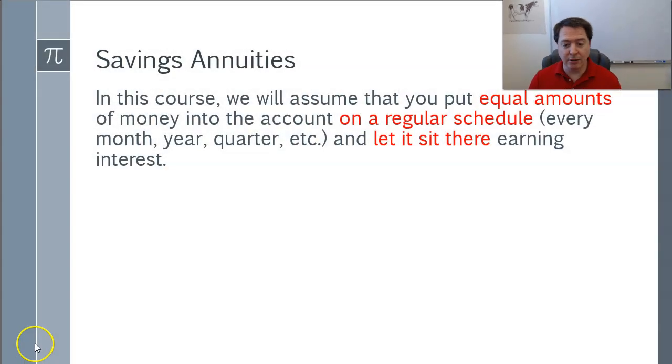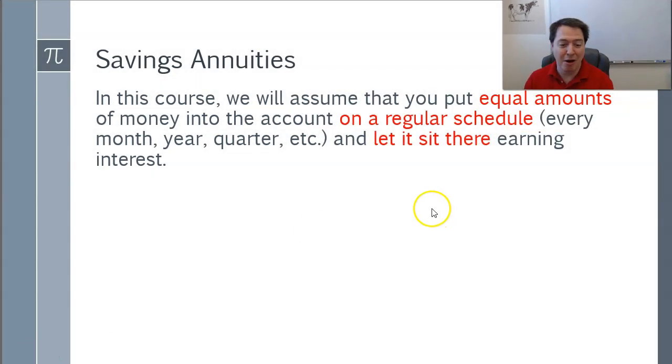The last one is the assumption that we are going to let it sit there earning interest after we've put it into that account, in order for our future value to actually be what we expect it to be. Now, all 3 of these can be broken, and that would be a topic for an actual finance course. This is just a math course where we're trying to learn some basics about this. I will save that for some other course. So we're going to be making these assumptions all the way through this unit.